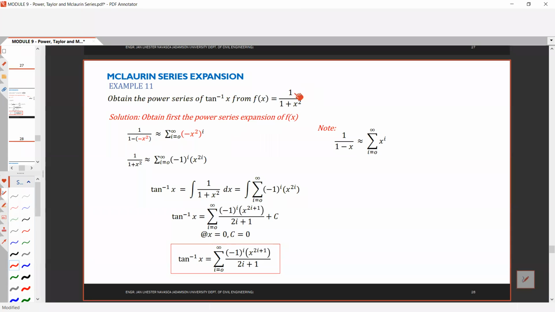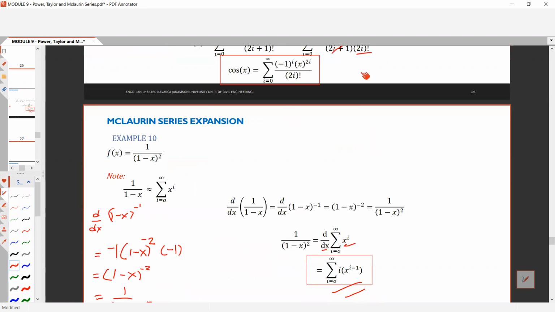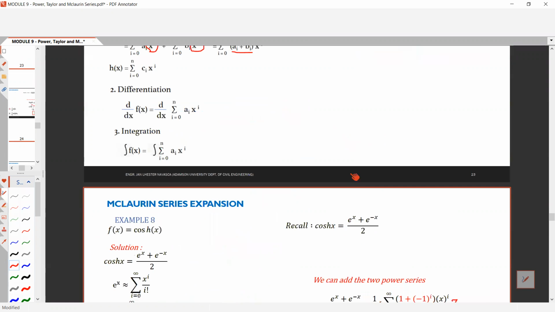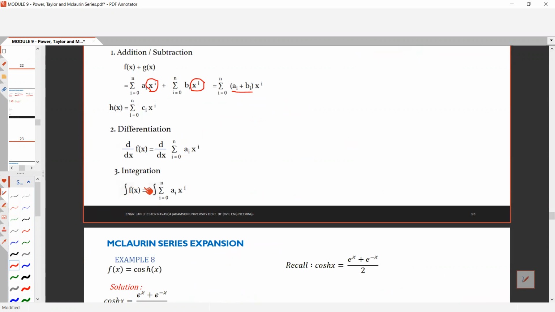Wala pa kasi tayo nito, 1 over 1 plus x squared. So sinabi sa problem, take mo daw yung series expansion ng tangent inverse of x from this series. Kasi the problem wants us to use the third basic operation, yung integration. So kailangan niyang mapakita that the integration of f of x is simply the same as the integration of that polynomial.